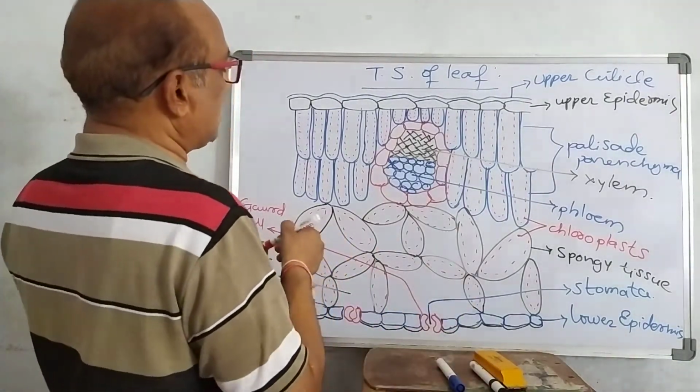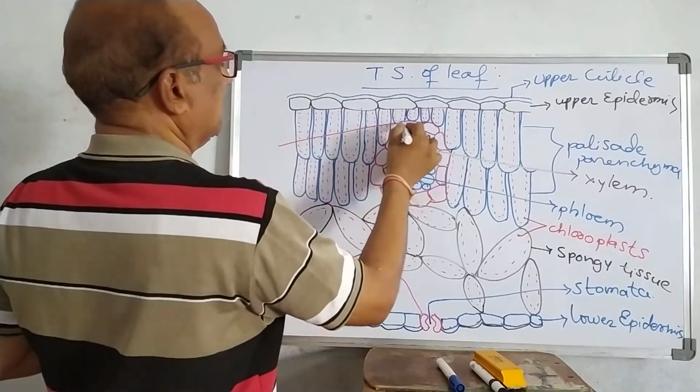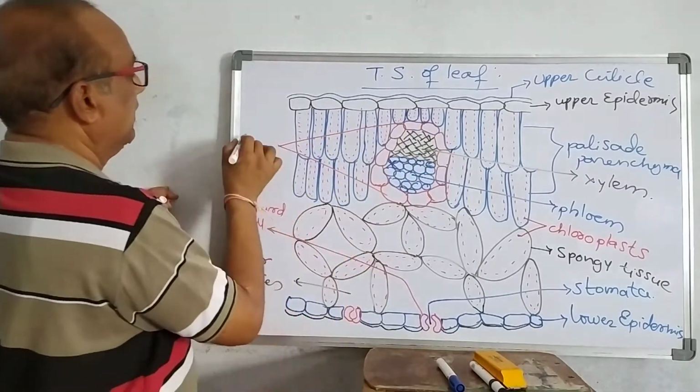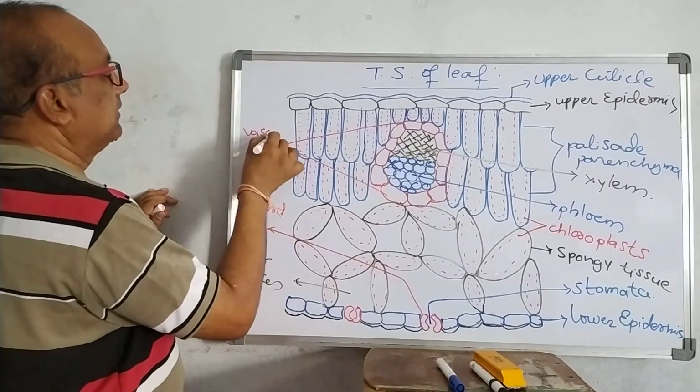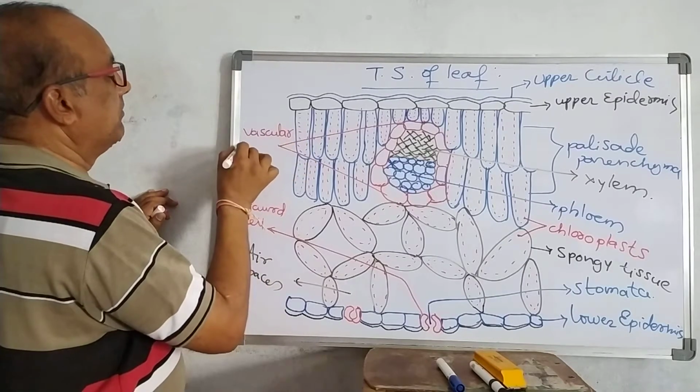And this total structure is the vascular bundle.